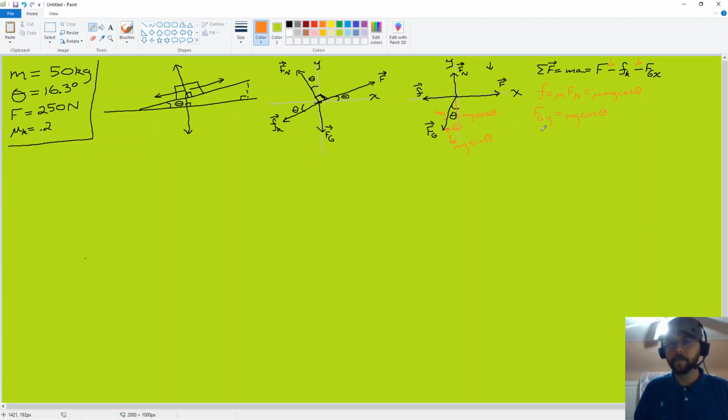Then the force of gravity in the x direction, once again, would be negative, but I already set it up as negative in the problem above. So this is mg sine of theta. Let me just double check. Okay.